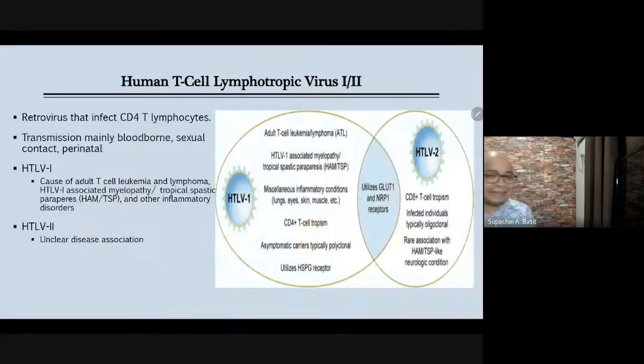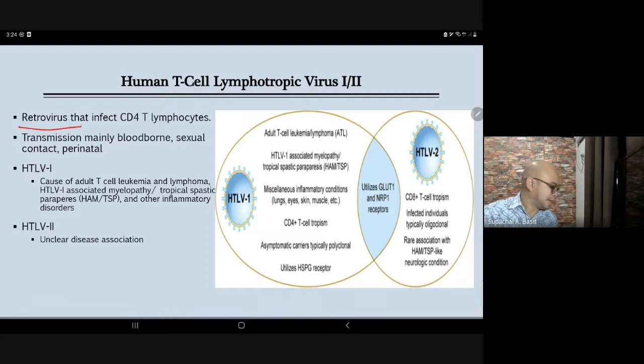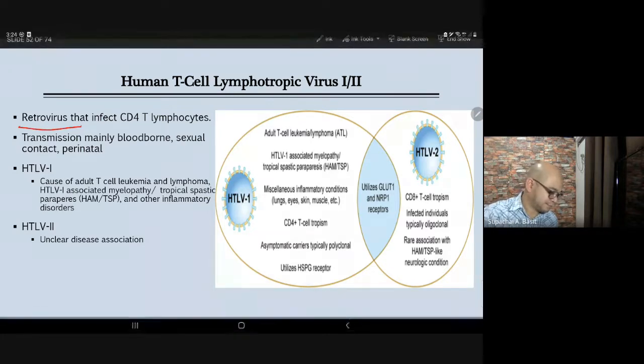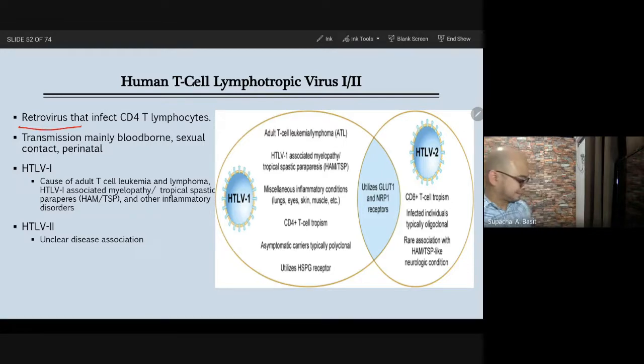Okay, and then let's talk about the HTLV, the human T-cell lymphotropic virus 1 and 2. It is a retrovirus, just like your HIV, that can infect your CD4 cells, and it is transmitted mainly through bloodborne or sexual contact, and it could also be perinatal.